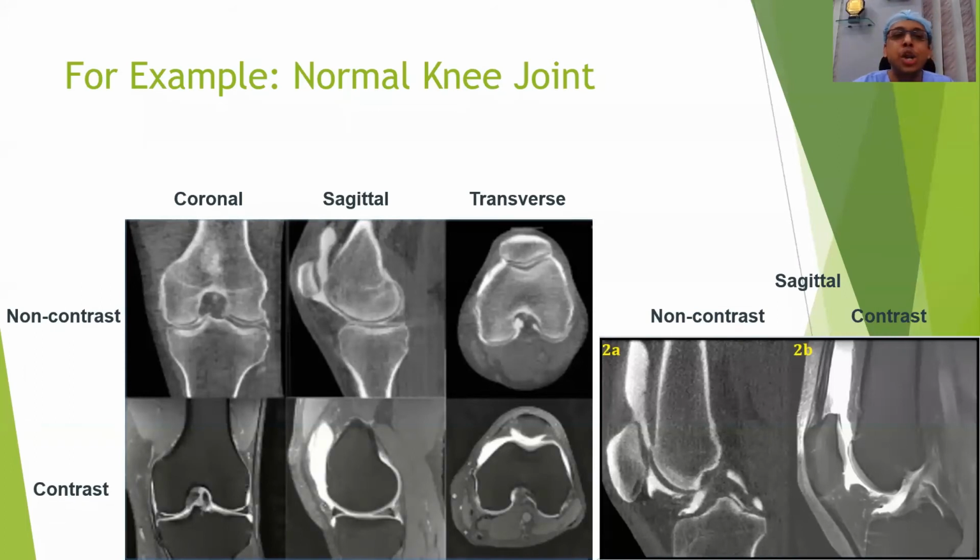Now take a look at this periosteum. It was white or light gray, bright, however you want to define it. But after introducing the contrast, it changed to a very, very dark color, right? Look at this right over here.